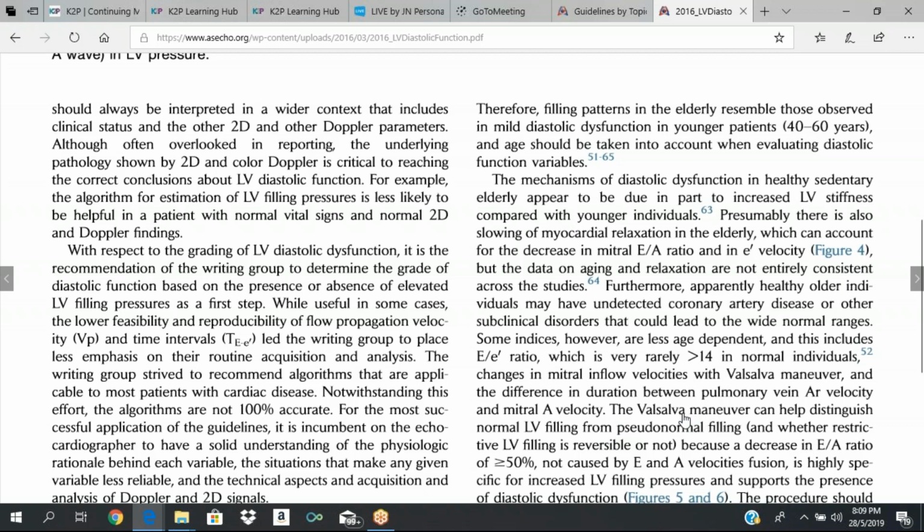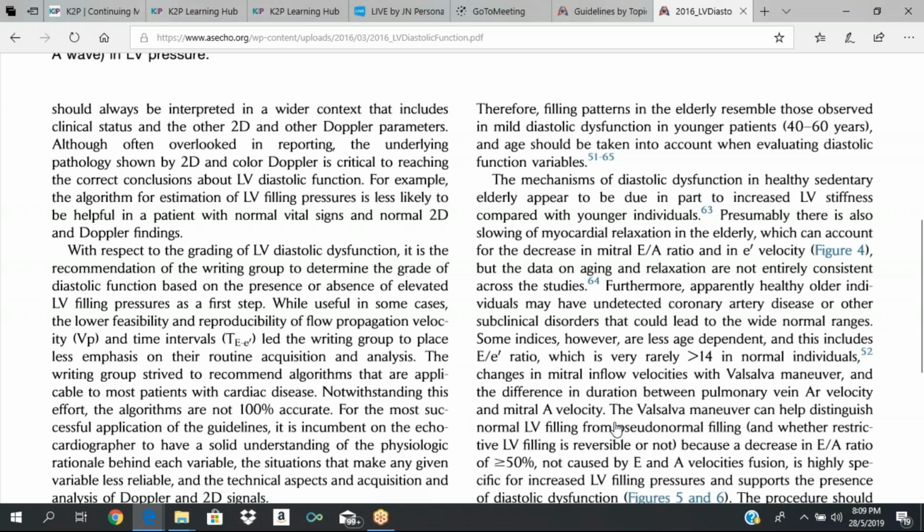You can do the Valsalva maneuver, and it will help you to distinguish normal from pseudo-normal, which is more helpful when the older patient presents with an E which is greater than the A. Remember, normal individuals are going to have an E velocity which is greater than the A velocity. Older individuals shouldn't have that pattern, and we call that pseudo-normal. We'll go over all of that.